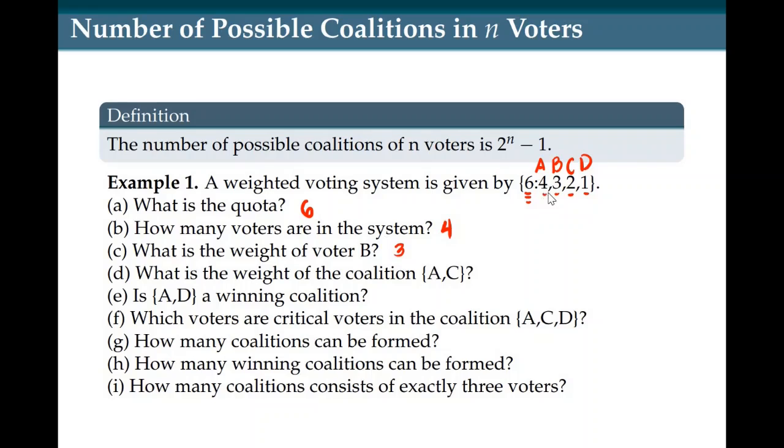So let's just get the total of the weights from voter A and voter C. So 4 plus 2, that is equal to 6.